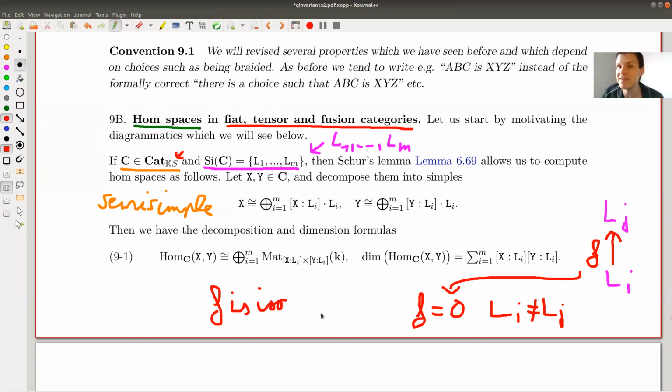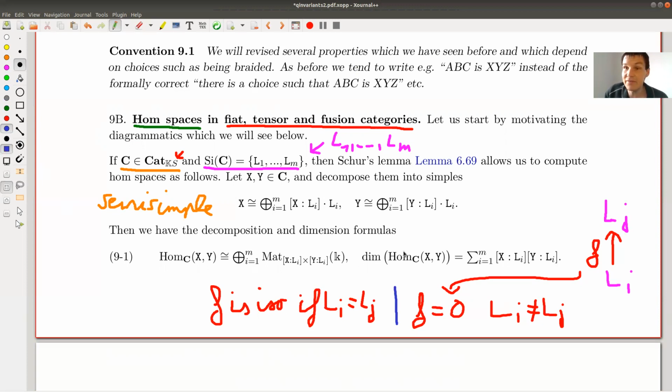If Li equals Lj, F could still be 0, of course, but that's a boring case I want to ignore. So there are basically only two cases. Either your two simples are equal, then morphisms between them are isomorphisms, or 0. Or they're not equal, and then it's even easier: the whole hom space is just 0. The only morphism is the 0 morphism.